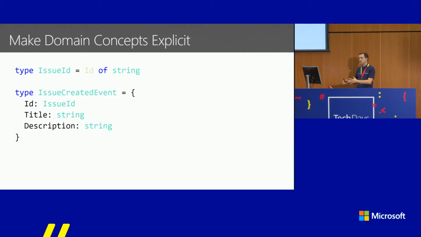It's still a string inside, but it's not compatible with strings anymore. It's a separate type, a separate concept that you can reuse. And if you try to assign ID to title or something stupid like that, it will not compile. In the future, you can refactor it to something more sophisticated, like project code and a number or GUID or whatever. But at least for now, we'll have a concept for issue ID in our domain, and we can reason about that and reuse it in other parts.